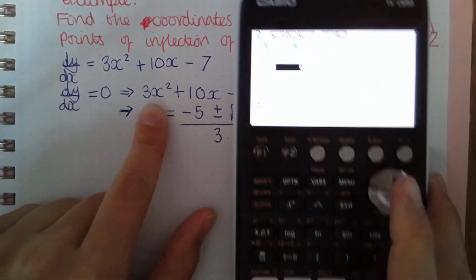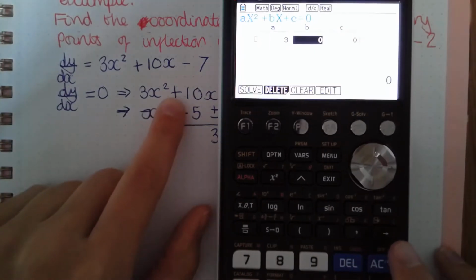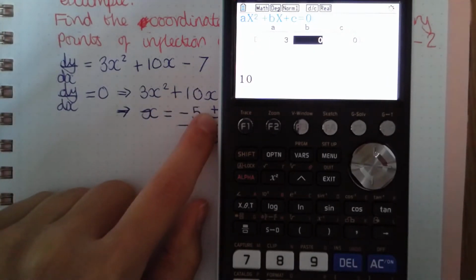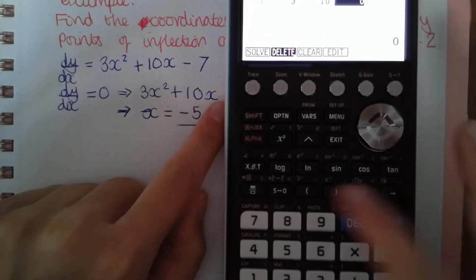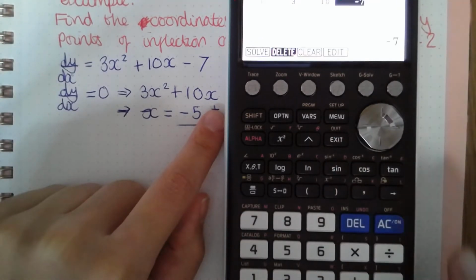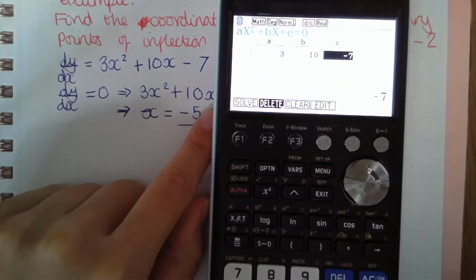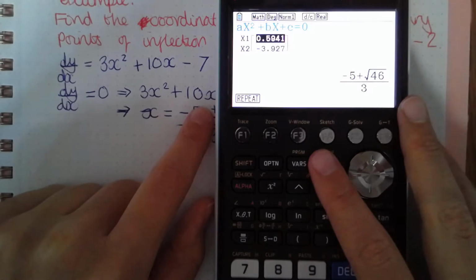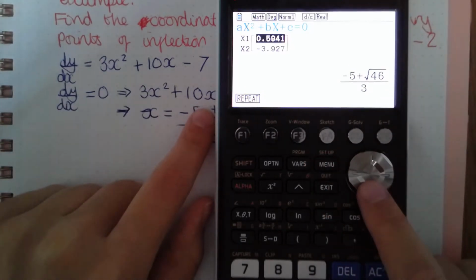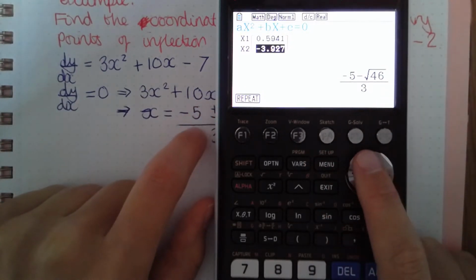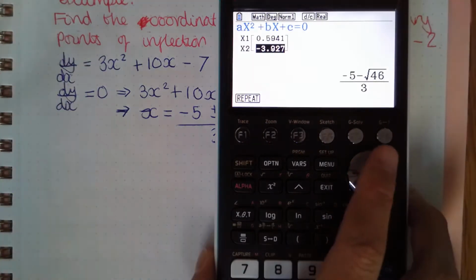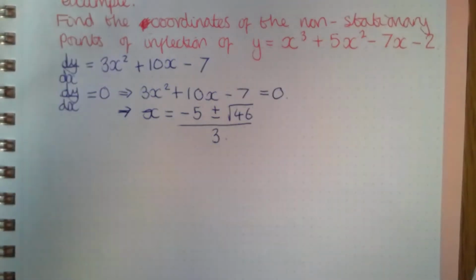I've got 3 equals, how many x's? 10 equals, my constant is negative 7 equals, then I press equals again, and I get negative 5 plus root 46 over 3, and negative 5 take root 46 over 3. So that's how you do it on your graphical calculator.